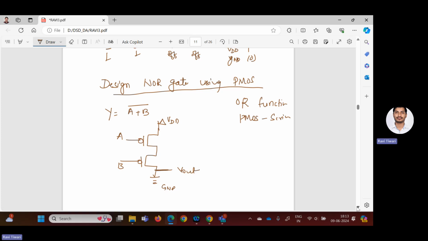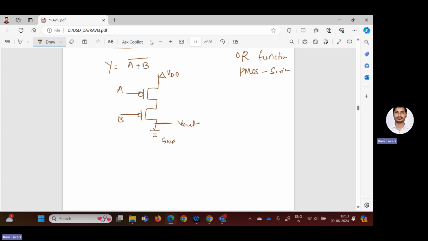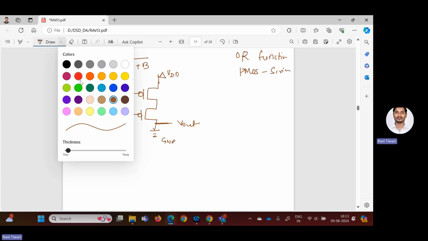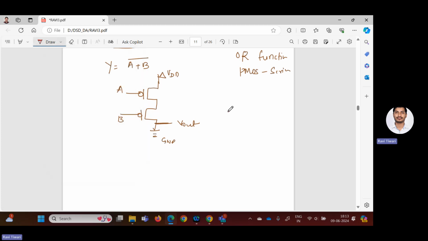The same we can check with the truth table, right? So here I am considering this is Q1 and this is Q2. So here I'm taking A, B, this is Q1 and this is Q2. We will check the Vout. So here, as we are having two inputs, a total of four possible combinations will be there: 0 0, 0 1, 1 0, 1 1.